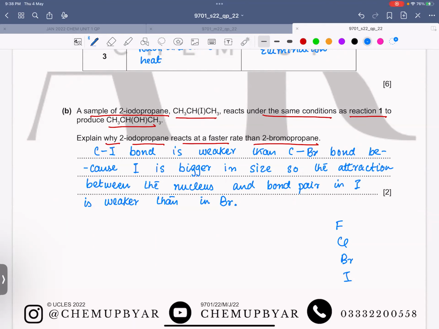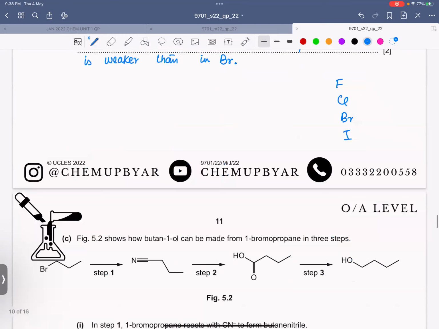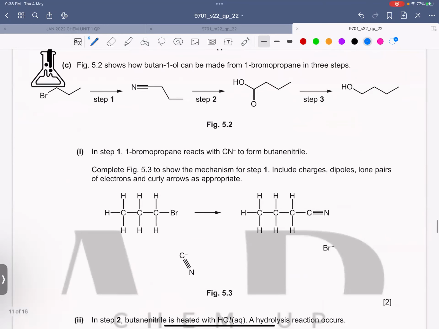If anyone has any other question, kindly ask. Okay. Now, figure 5.2 shows how butan-1-ol can be made from 1-bromopropane in a 3-step reaction.